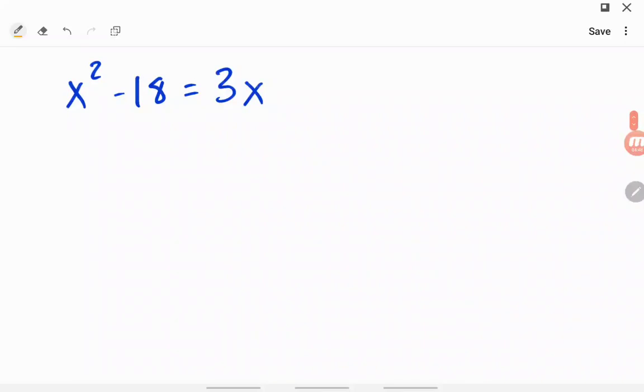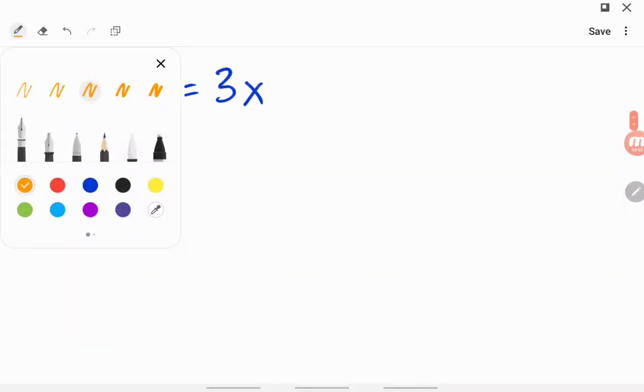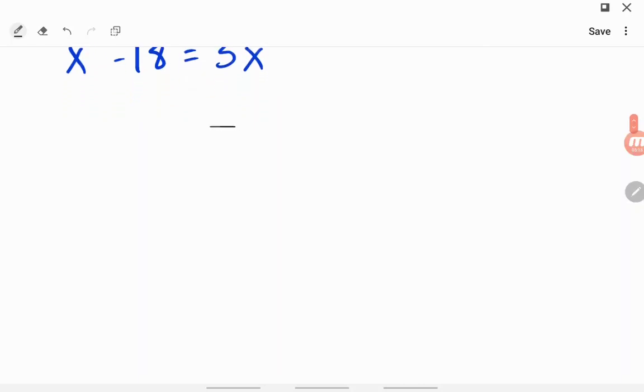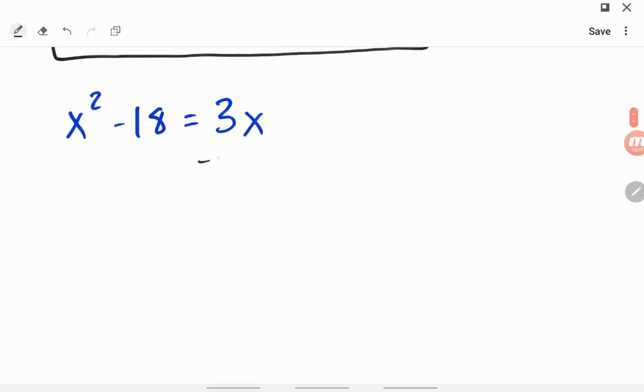We've got x squared minus 18 is equal to 3x. Your first step in solving one of these quadratic equations is going to be to move every term over to one side of your equation such that your equation is equal to 0. And we want to make sure that we put it in order, right? So what we're going to do is move 3x over to the left side of this equation, right?